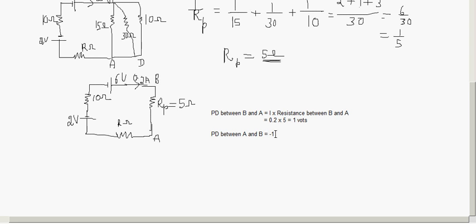If you measure from A to B, you will get minus 1 volt. Potential difference between terminals A and B is minus 1 volt.